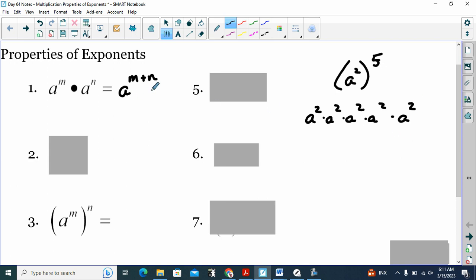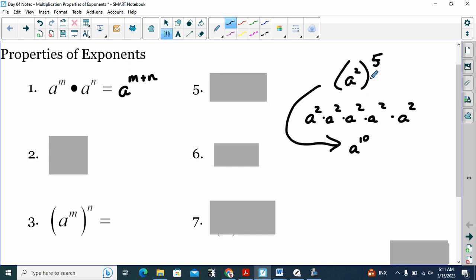And once we have this first property, we know if I multiply things, I add up their exponents. 2 plus 2 is 4, plus 2 is 6, plus 2 is 8, plus 2 is 10. And then the same question comes up, how do I go from here to here without doing that middle step?